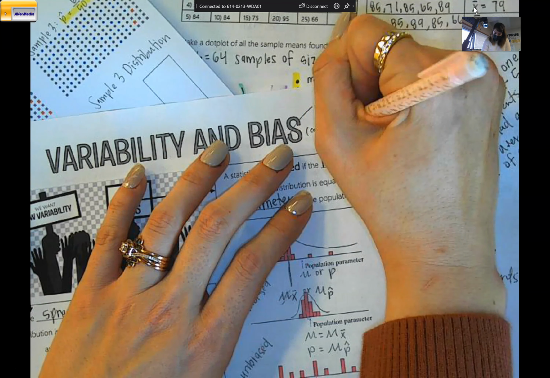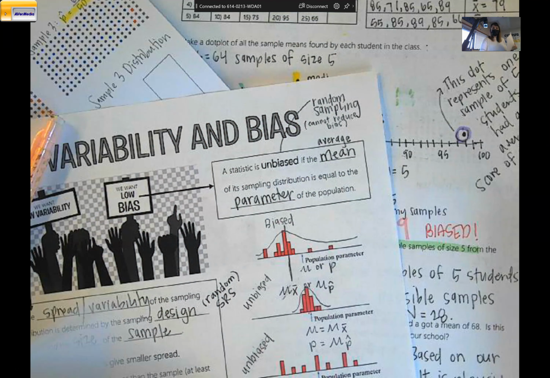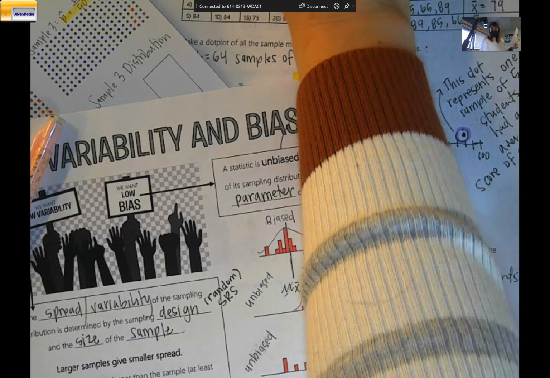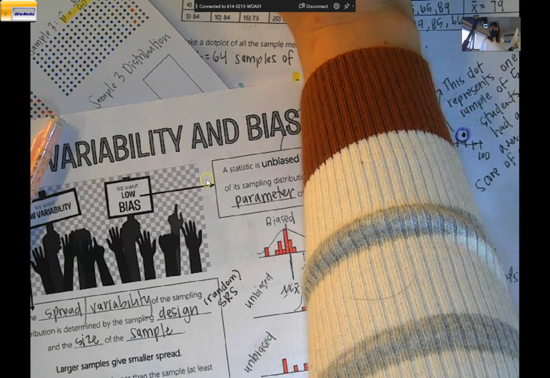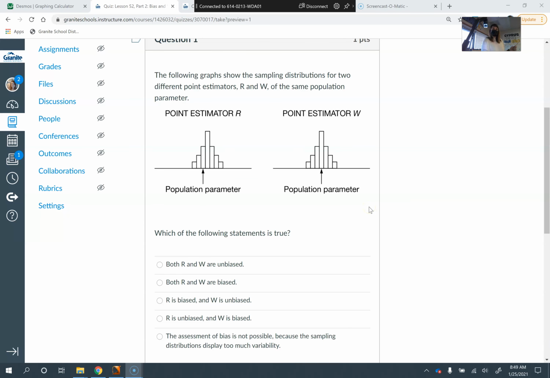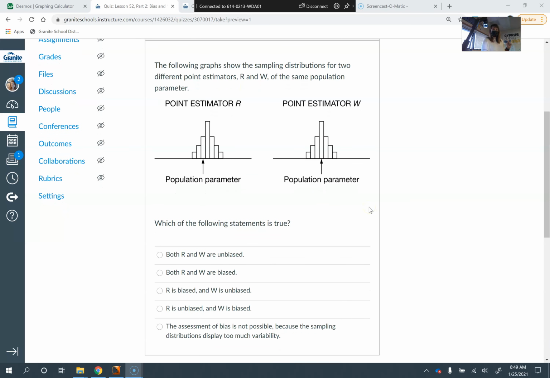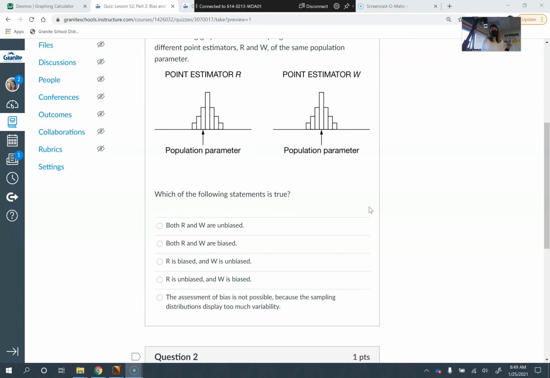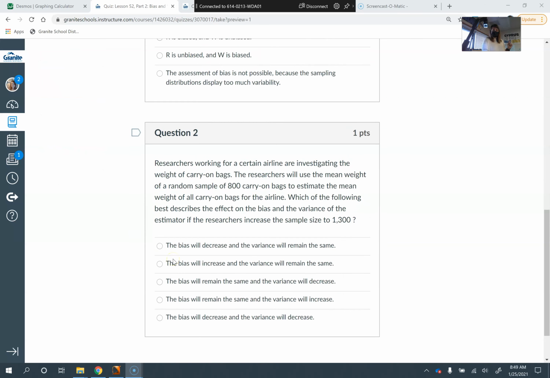Okay. So let's have you guys finish. Okay, on the first question, W is unbiased and R is biased. So it's the third one down.